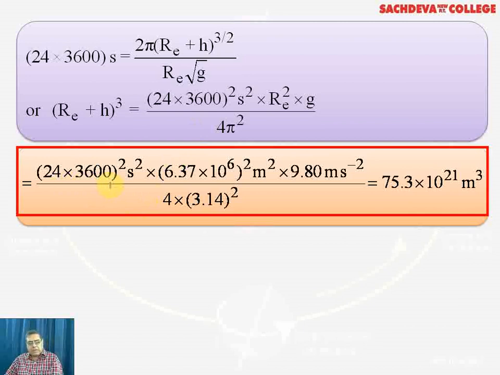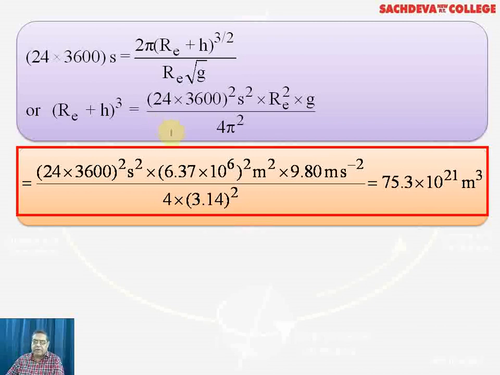Our concept is that (Re plus h) whole cube. We put the value of Re, then we put the value of h. All these values are computed and we make the necessary calculations. These calculations can be made with the help of logarithm tables also, or directly by division and multiplication. We can solve this question.